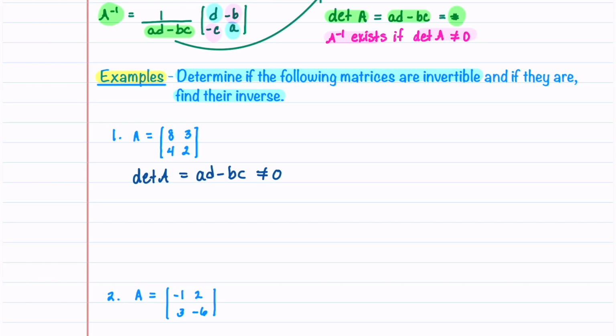In our problem, the determinant of A is equal to 8 times 2, that gives us 16, minus 3 times 4, which is 12, so our determinant is equal to 4, and that is not equal to 0. So that means that A is invertible, and we call A non-singular.